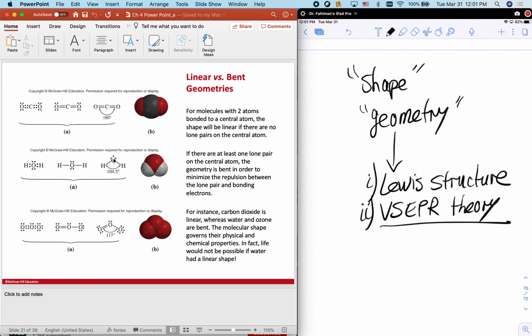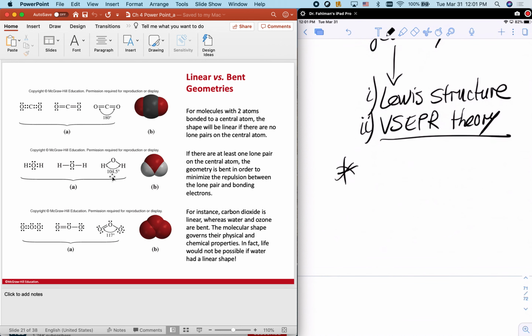And so here, if you look at the effect of this, you go from 180 degrees with no electron pairs on the central atom. If I put 1 electron pair, like we have for ozone, now that goes from 180 to 117. If I have 2 electron pairs, I guess it's not shown here, now the angle's even smaller, 104.5.